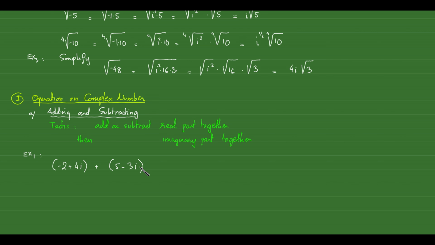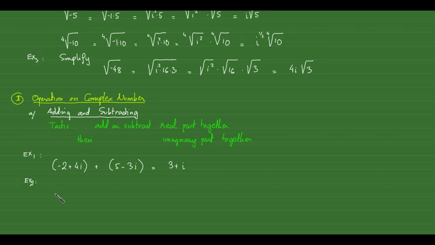So we add the real parts together: negative 3 and 5 give you 2. And we add the imaginary parts together: 4i minus 3i will be 1i. That's it. So if you add a complex number to another complex number, it gives you a complex number.